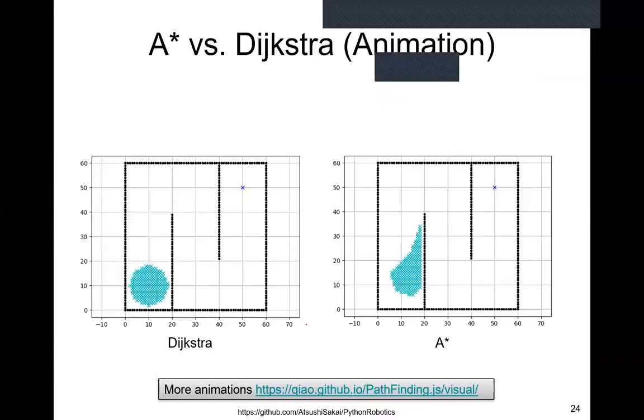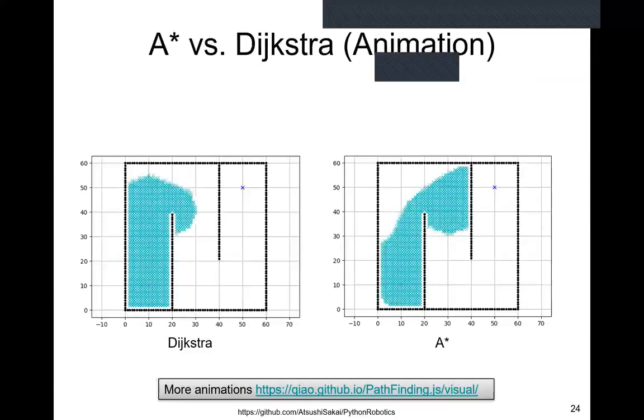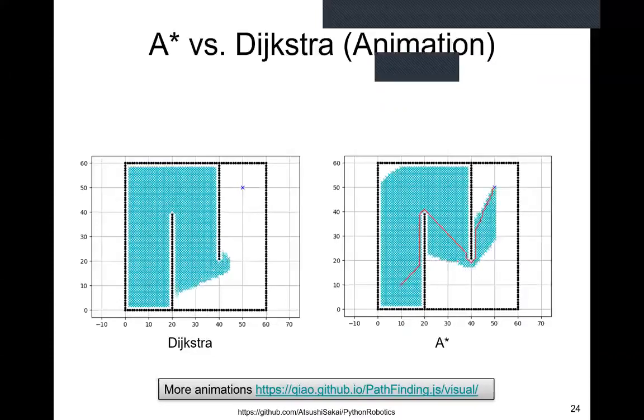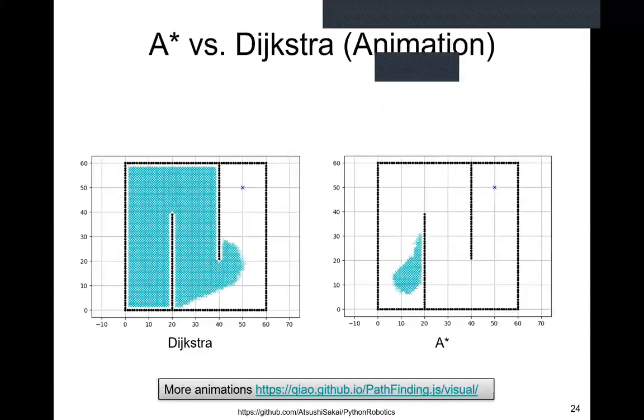Here's the animation of Dijkstra versus A star. A star is exploring in a more directed manner. If you look closely, it's reaching the goal faster than Dijkstra. There we go. And Dijkstra is still going.